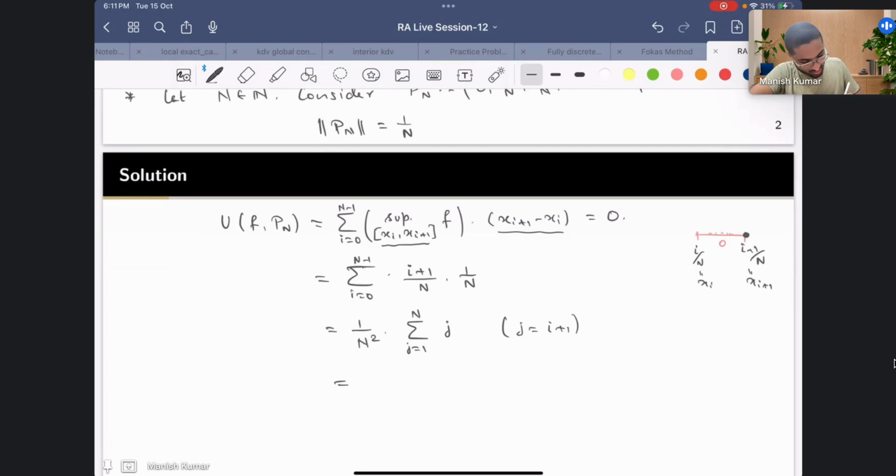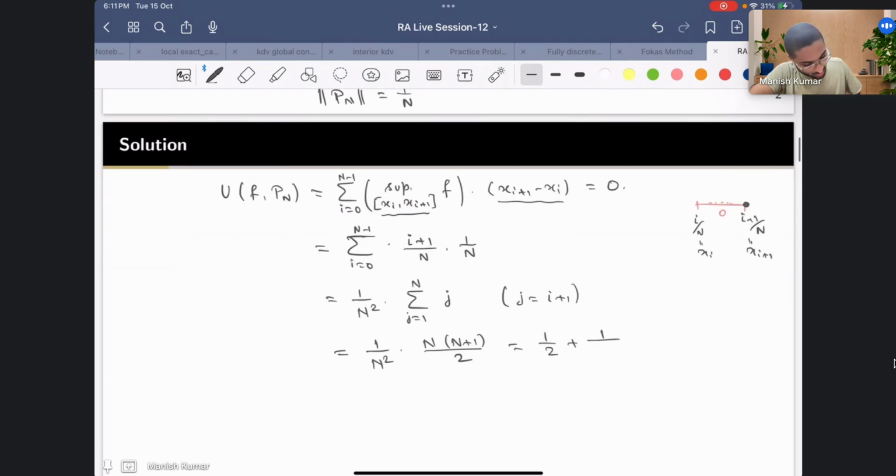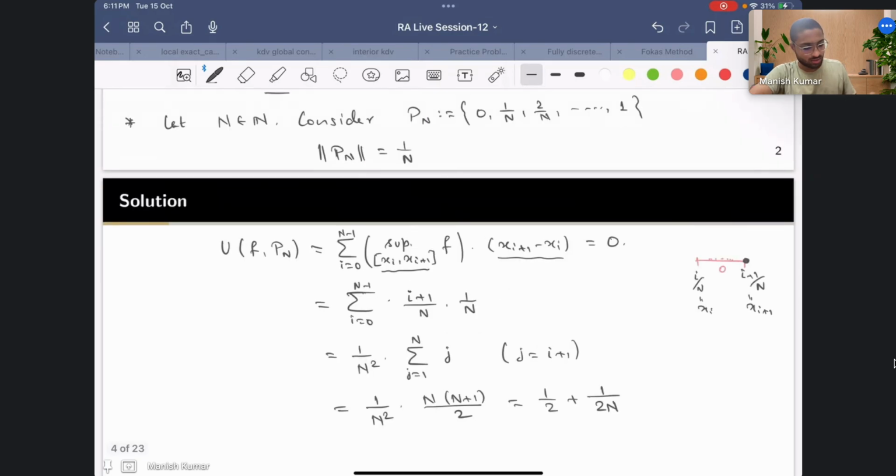Now this summation will be given by n into n plus 1 upon 2, right? So now what you have is n square plus n by 2 times 1 by n square. So n square will cancel, I'll get 1 by 2, and the next term would be 1 by 2n, right? So this U(f, Pn) evaluates to half plus 1 by 2n.